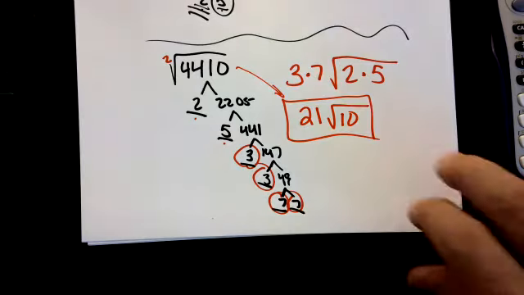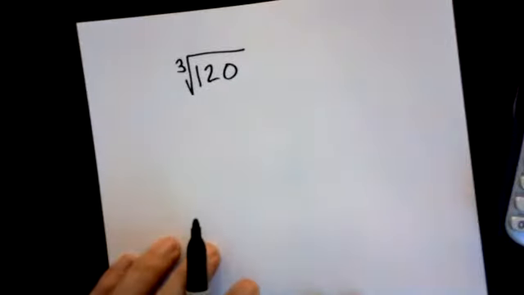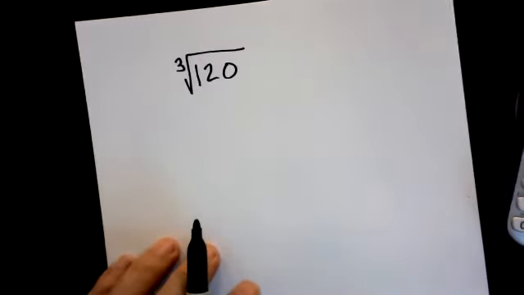Okay. It's the same process for cube roots and fourth roots and fifth roots. The only difference is how many you're looking for. For example, if I wanted to simplify the cubed root of 120.